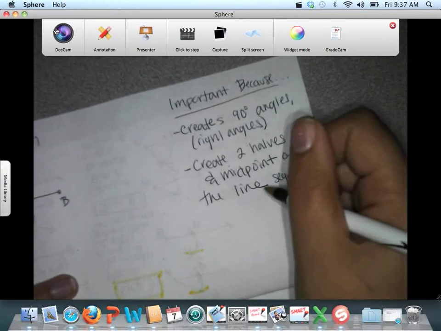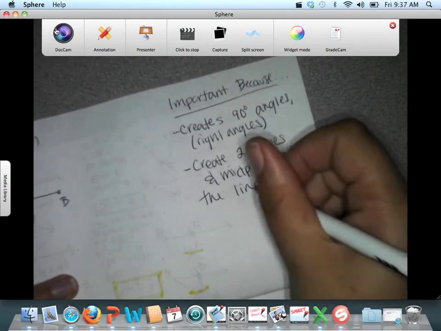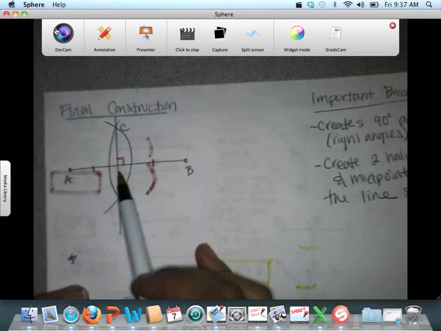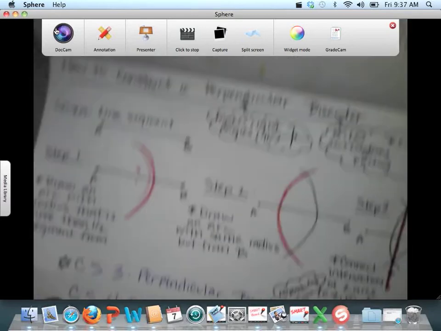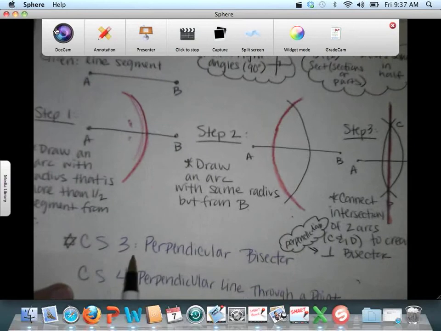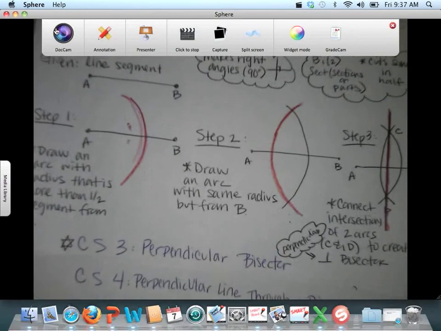So this is a really, really important one. It's actually my favorite one because it makes 90 for us and it gives us the midpoint. All right, and just remember, this is CS3 perpendicular bisector.